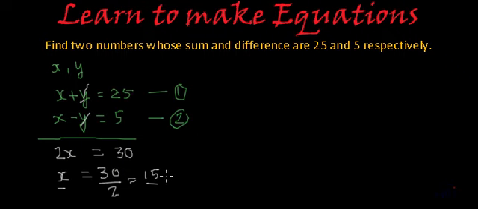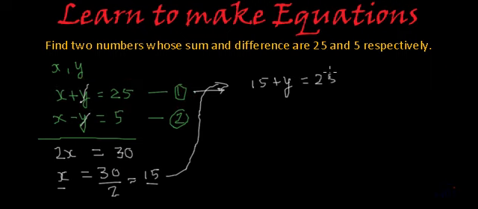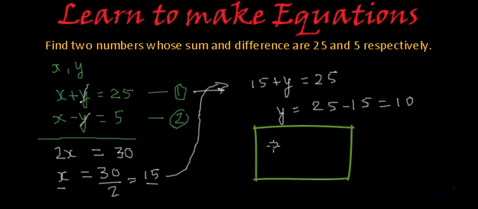And if we put this value of x as 15 in equation number 1, we will get 15 plus y is equal to 25, right? So from here, y will be equal to 25 minus 15, which is 10, right? So what is the solution for this? The solution for these two equations will be x equal to 15 and y we got as 10.